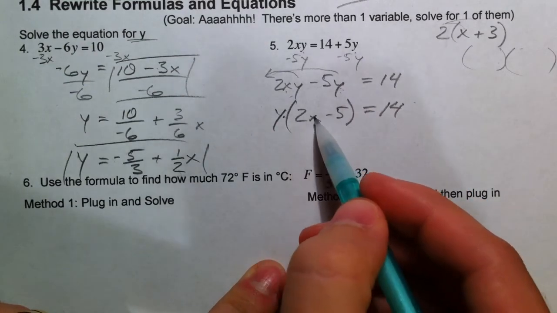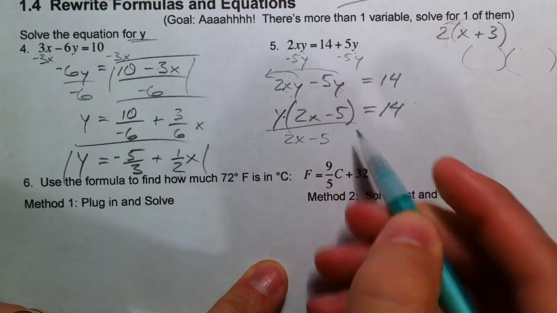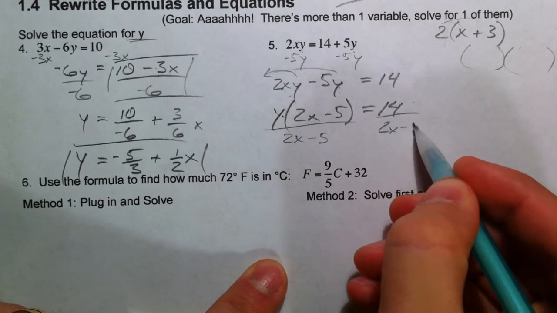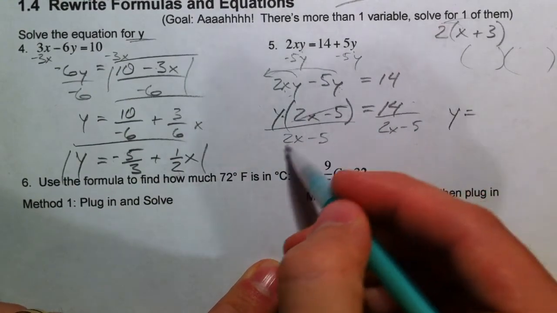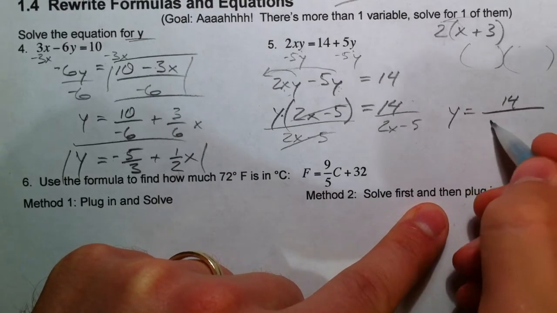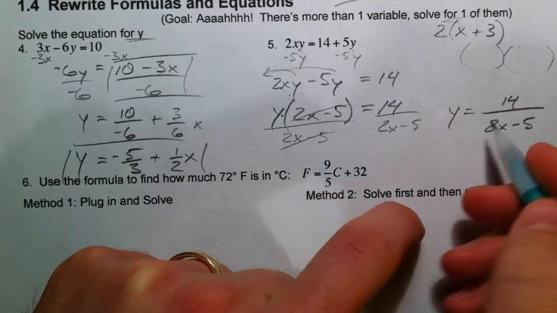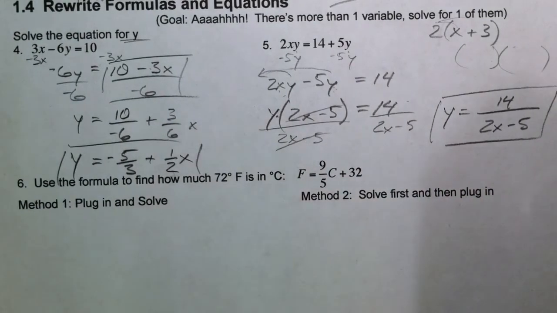So how do you get rid of a multiplied 2x minus 5? We divide by 2x minus 5. And so we're just going to leave it as y equals, that canceled out, 14 over 2x minus 5. And that's our answer. We've gotten the y by itself.